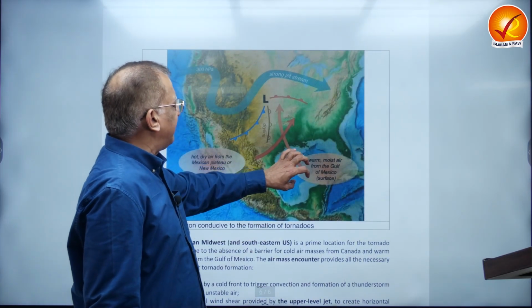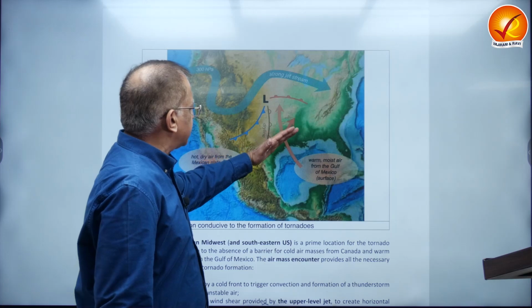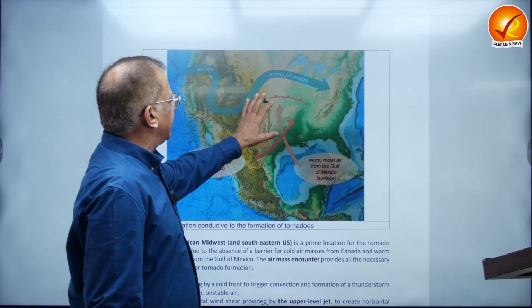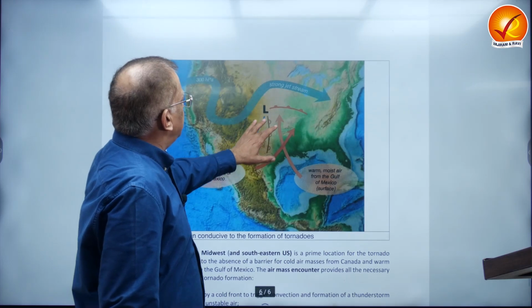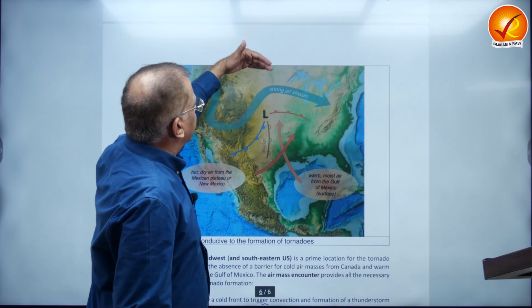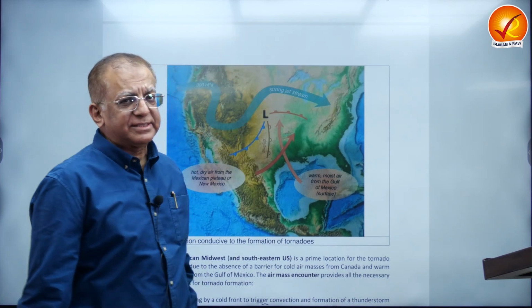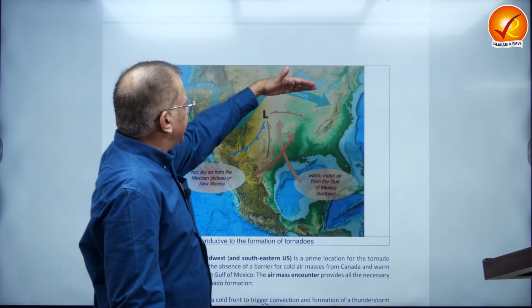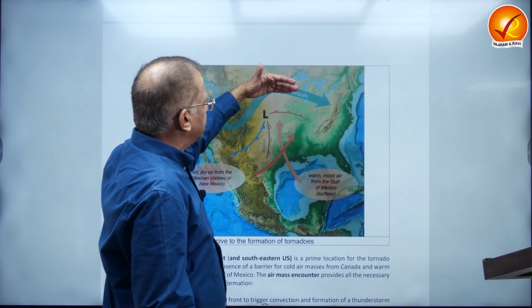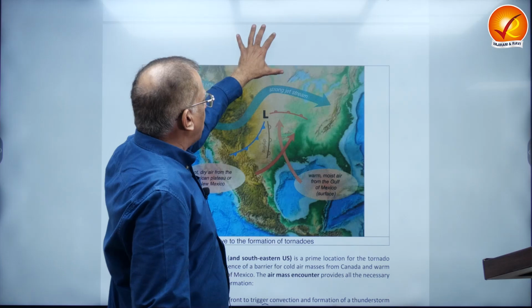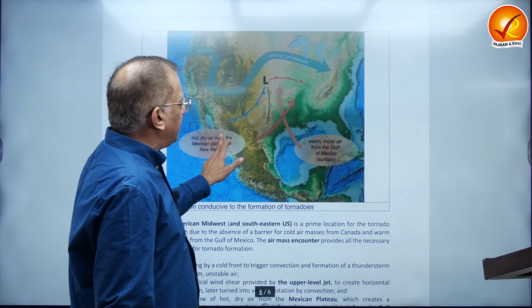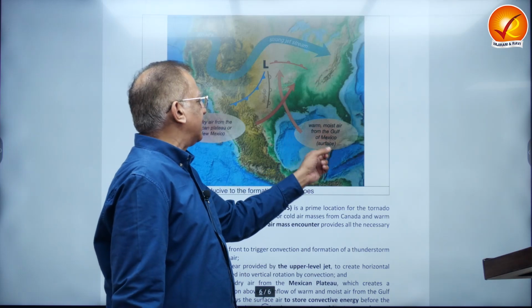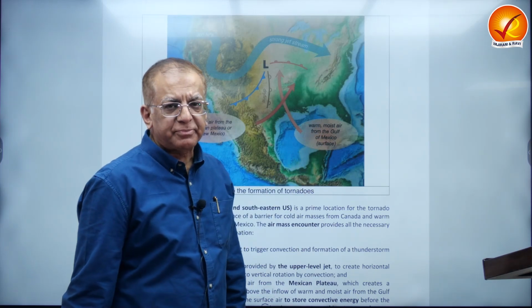So this is your Gulf of Mexico. Think of the southeastern US and think of the mid-USA, the mid-American region. This region has no barrier for the cold air masses to come from the Canadian side. Since there is no east-west mountain to act as a barrier, cold air masses come from the Canadian side, and warm air masses full of moisture are coming from the Gulf of Mexico.